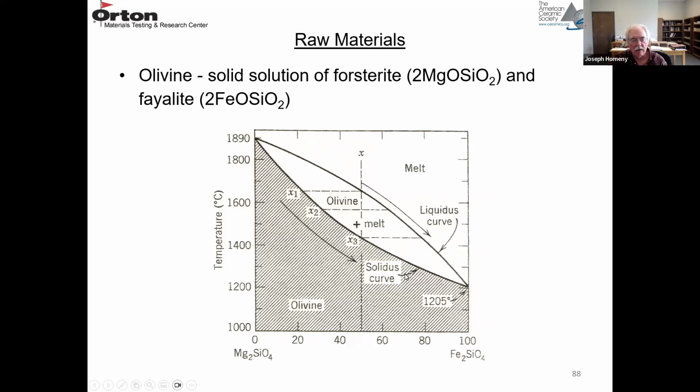Everything below the solidus curve is solid, but you can see how rapidly the use temperature drops as you add phthalate to phosphorite. So it looks like, well, maybe 30% phthalate drops you down to about 1600 degrees C.